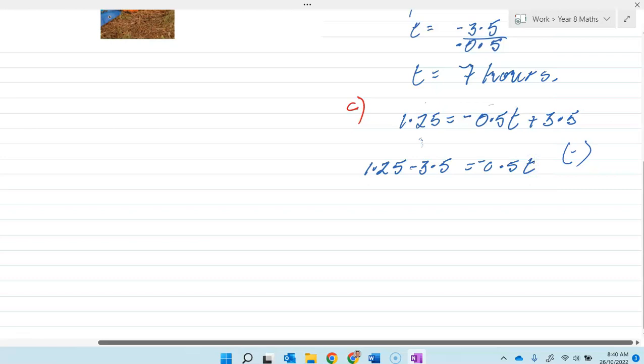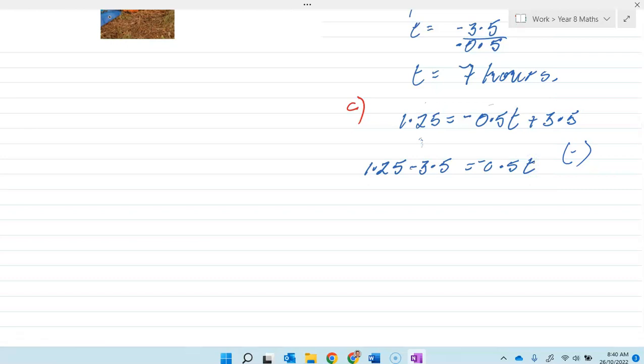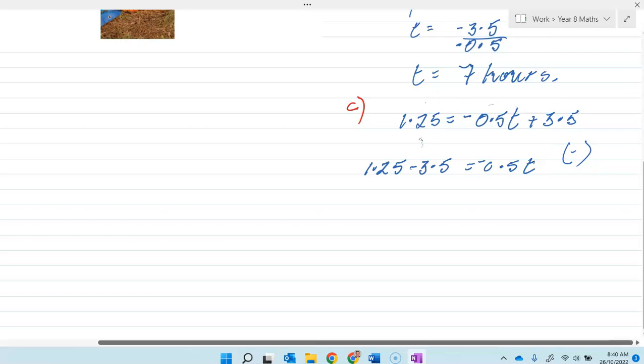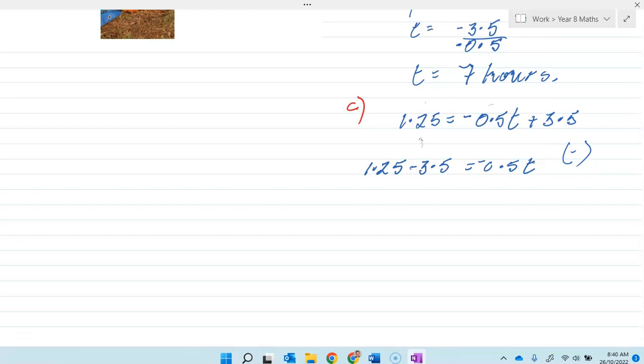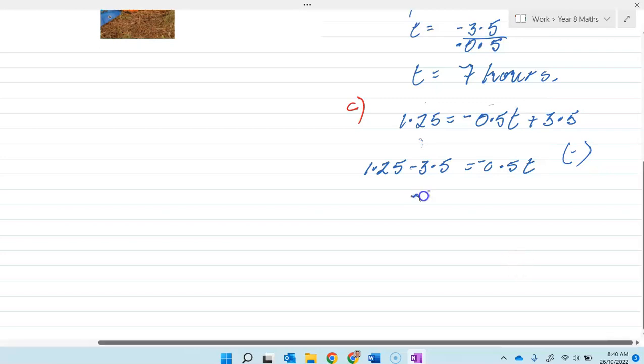So we get our calculator, and that's fairly simple. 1.25 minus 3.5, and we end up with negative 2.25. So negative 2.25 equals negative 0.5t.